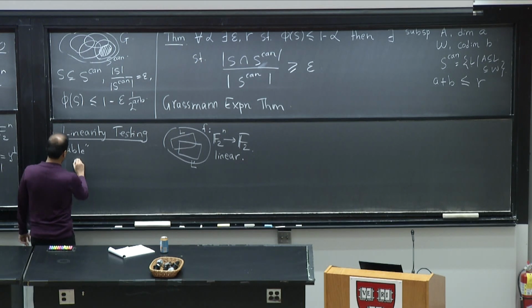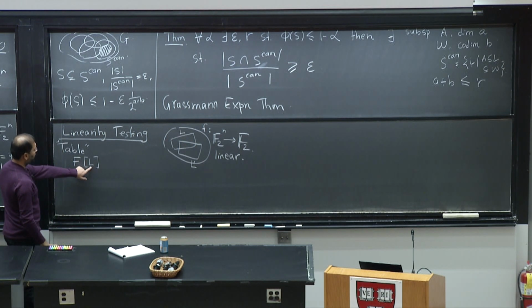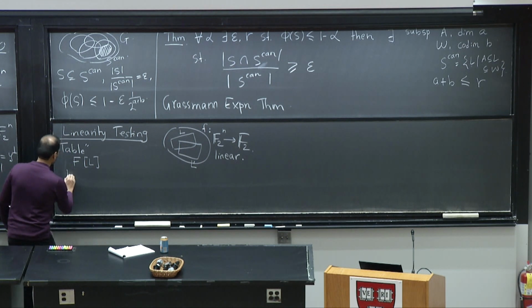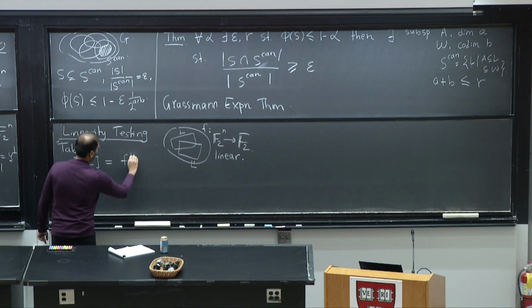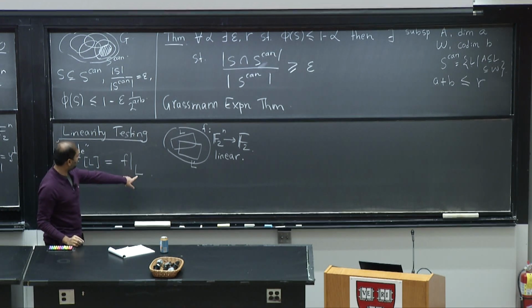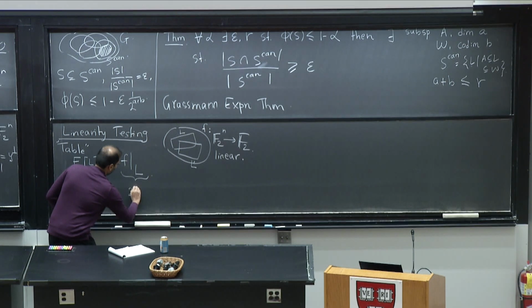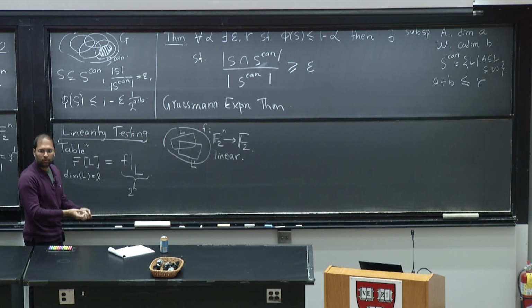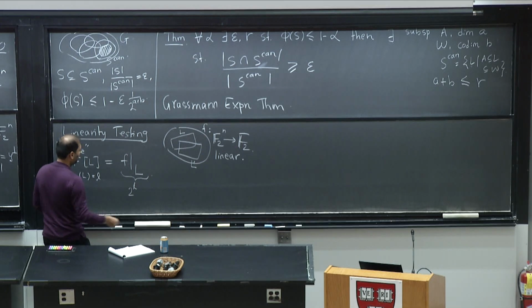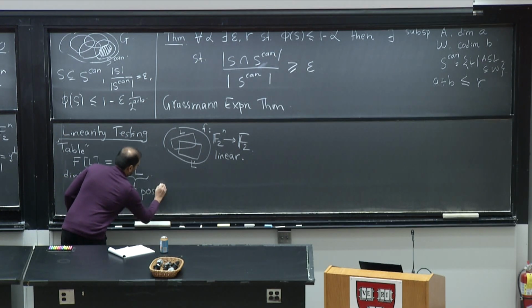So for every subspace L of dimension little l, write down the restriction of the global function to the space L, capital F. Now this is a linear function on a little l dimensional space, so this answer has only 2 to the l possibilities. You can describe it using 2 to the l symbols from an alphabet.